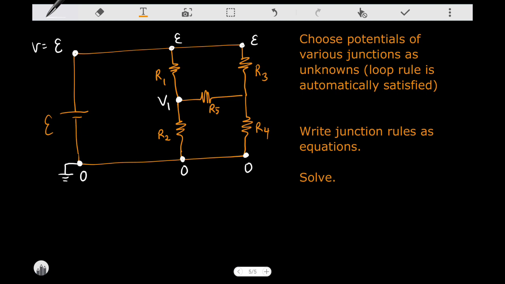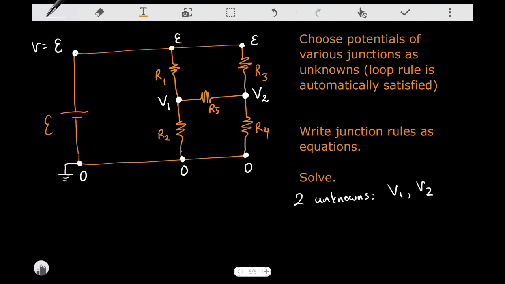So I just write this thing down as an unknown. Let's call this potential V1, and the potential at that junction is also an unknown. Therefore, there are two unknowns, V1 and V2.